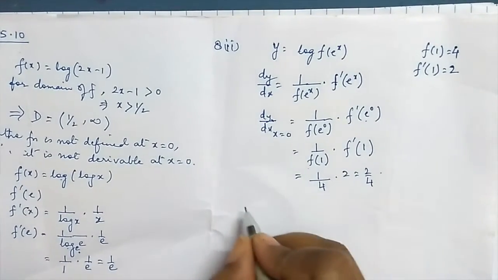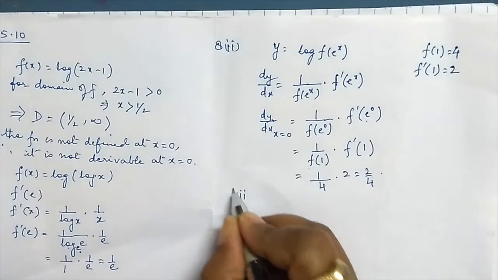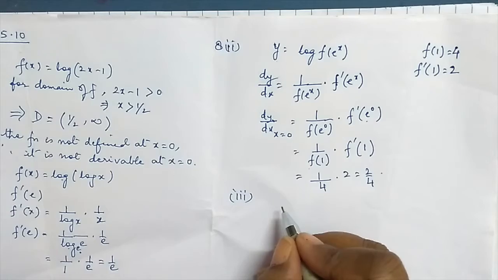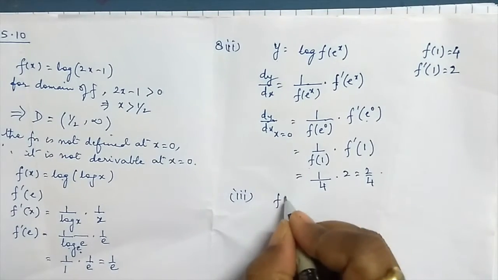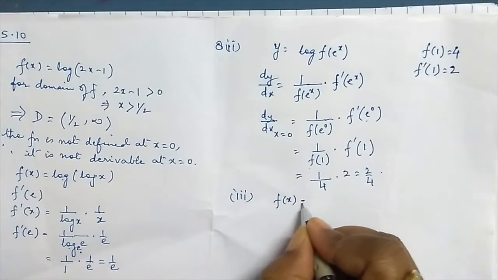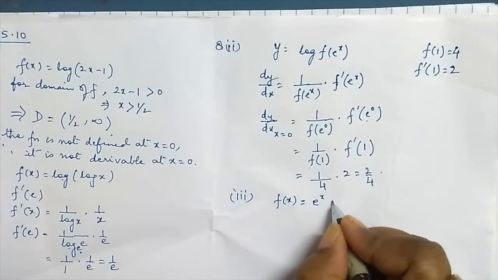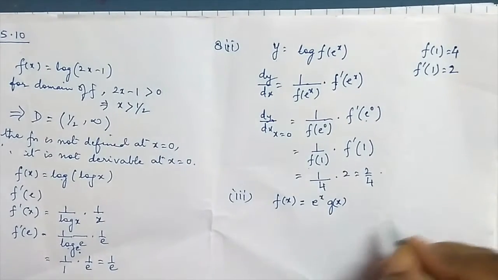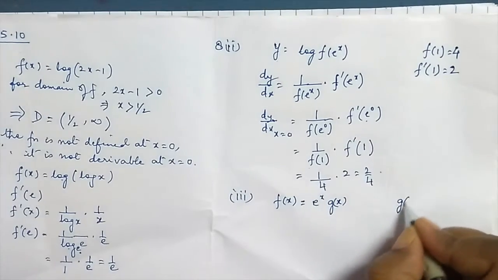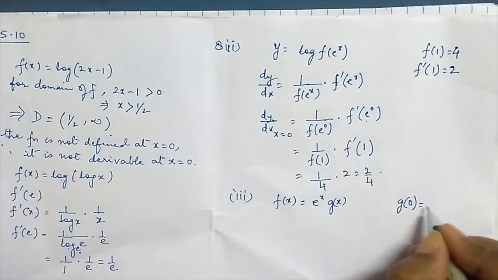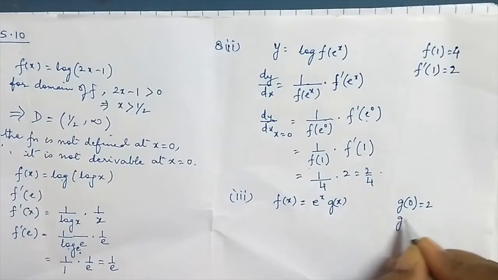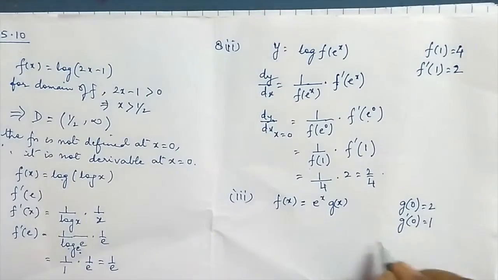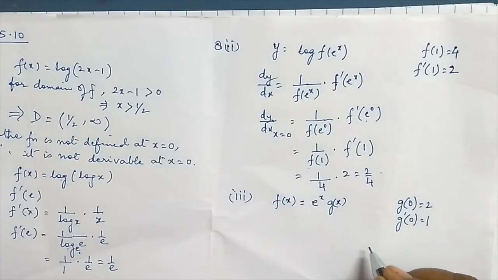Right? Now the third part. The third part says that you have f of x given to you as e to the power of x times g(x). You are also provided with g of 0 as 2 and g dash at 0 is 1, and you have to get f dash 0.